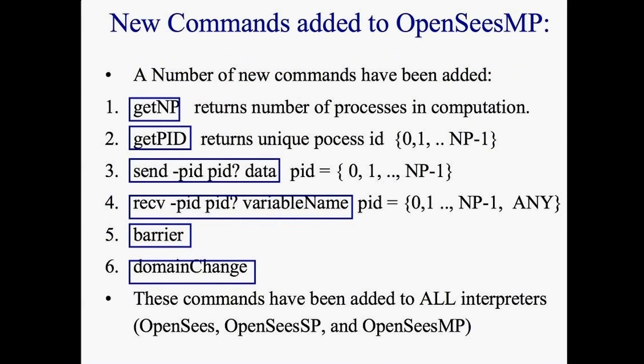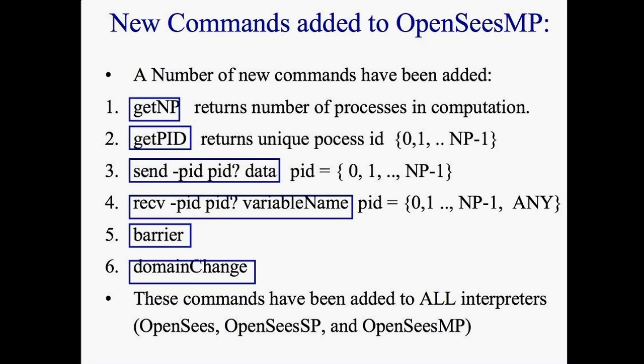So there are some additional commands that are added to OpenSees to get this information. For example, the getNP and the getPID basically return the number of processes and that unique process ID. In addition, the processes are able to send messages between processes. I'm able to send a message from one processor to another during the computation.